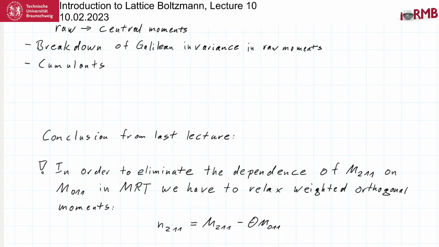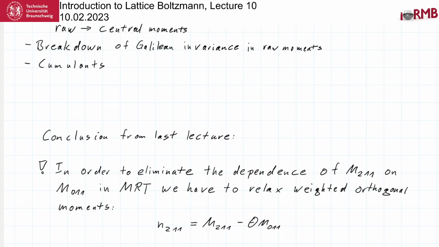Okay, the conclusion last time when we looked in 3 dimensions at the moment M211, we found that this will crash our MRT methods, either when we do it unweighted orthogonal or also when we made it non-orthogonal.